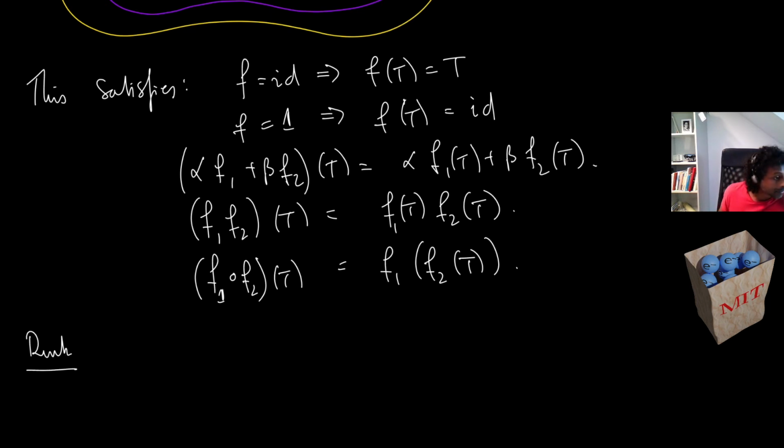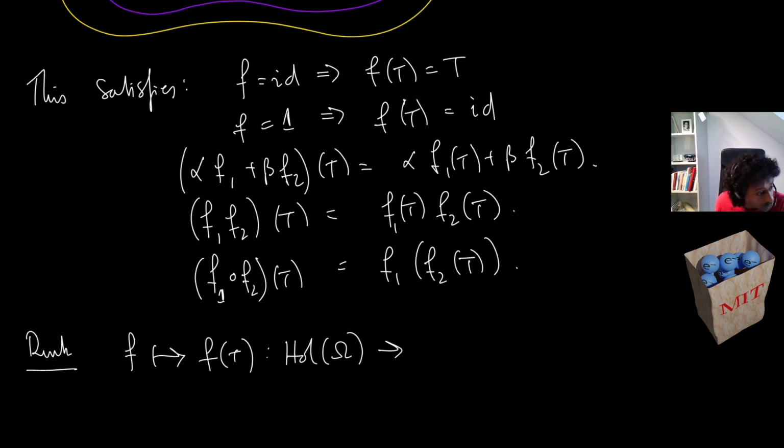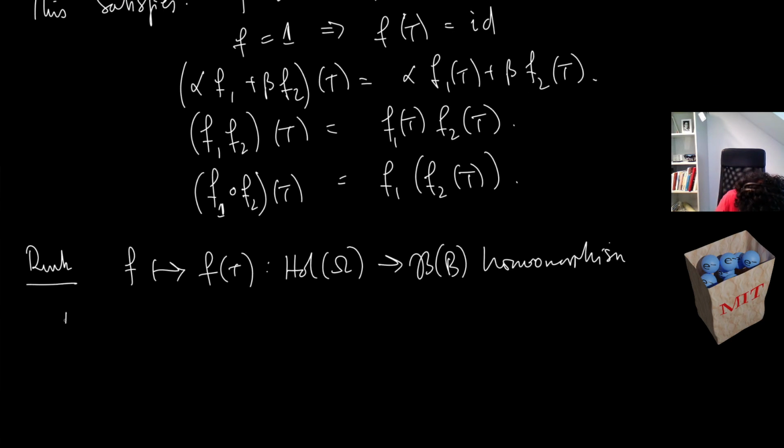So, remark: the map taking us from f to f of T, which takes us from the holomorphic functions in omega to the bounded operators in B, is a homomorphism into a commutative subalgebra.